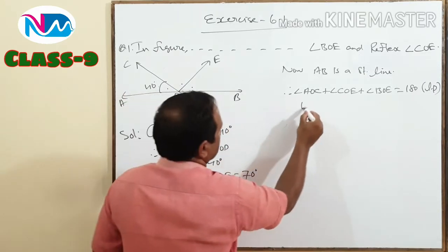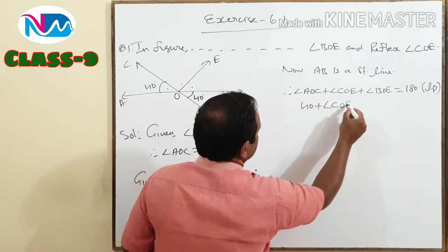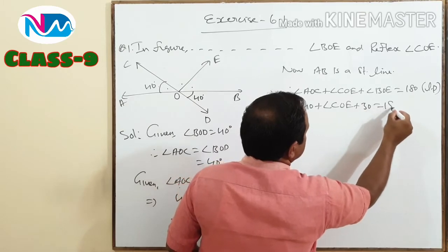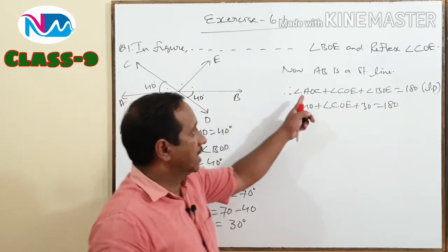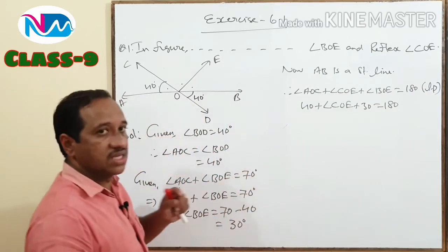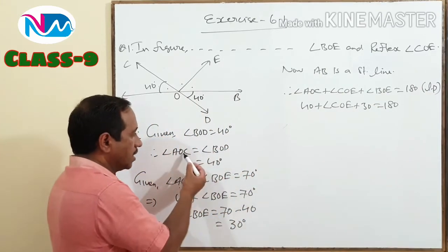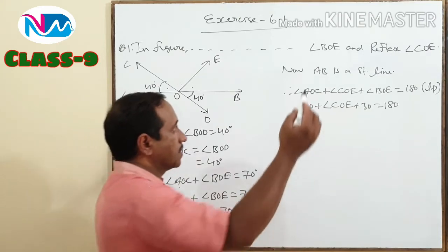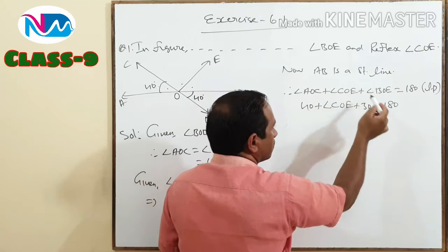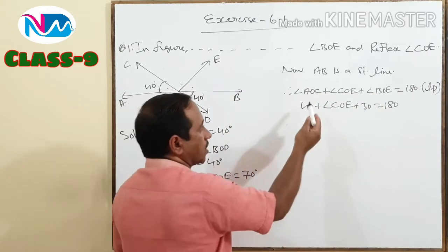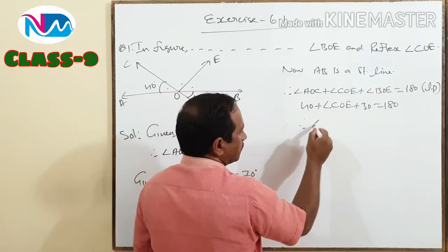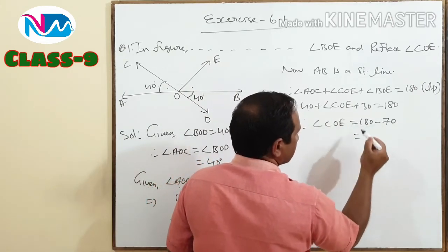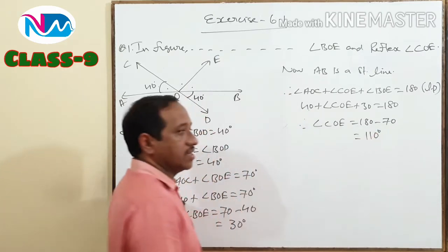Angle AOC is 40 plus angle COE plus angle BOE is 30 is equal to 180. Already we got angle AOC is equal to 40 degree and angle BOE is equal to 30 degree. 40 plus 30 is 70. Therefore, angle COE is equal to 180 minus 70, that is 110 degree.